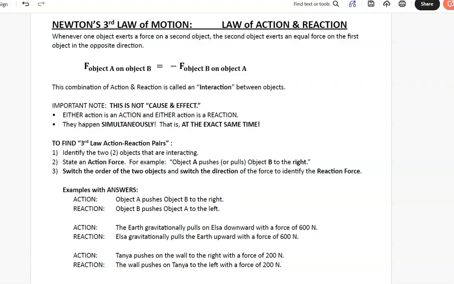And it's important we do not consider these two interaction forces to be cause and effect. One force is not causing the other effect. They happen simultaneously. That means at the exact same moment in time. There is no delay between the two. They are exactly equal in magnitude, in strength, in size, and they are exactly opposite in direction of one another.